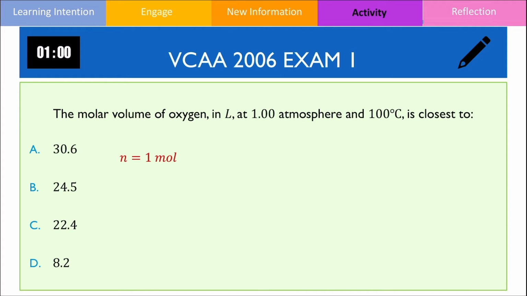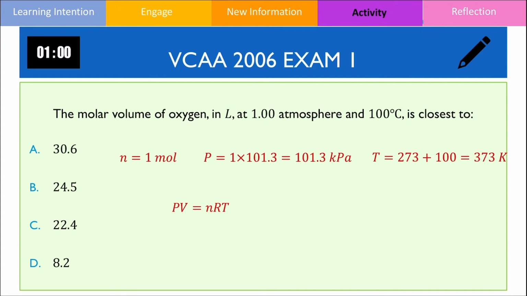Atmospheric pressure can be converted into kilopascals by multiplying by 101.325, and temperature can be expressed in Kelvin by adding 100 with 273. From here, we need to rearrange the formula to solve for V, which can be done by dividing both sides by P. Inserting these numbers into the calculator will give us an answer equal to 30.6 liters, which corresponds to option A.